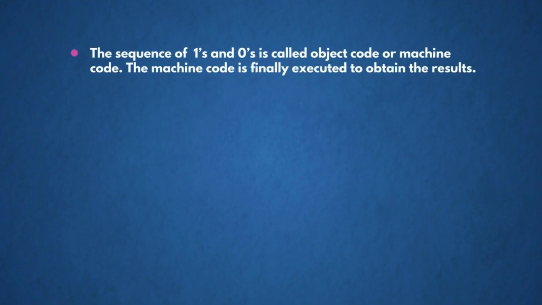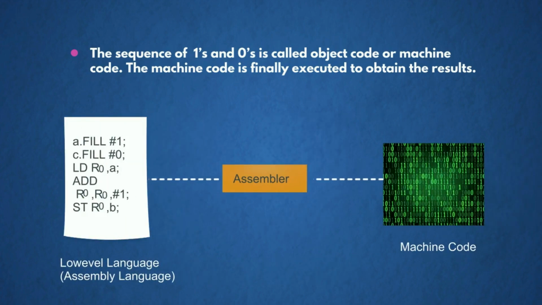The sequence of ones and zeros is called object code or machine code. The machine code is finally executed to obtain the results. Here is an example of assembly language code. In this picture, assembler converts low-level language to machine-level language, which we already discussed in previous videos.